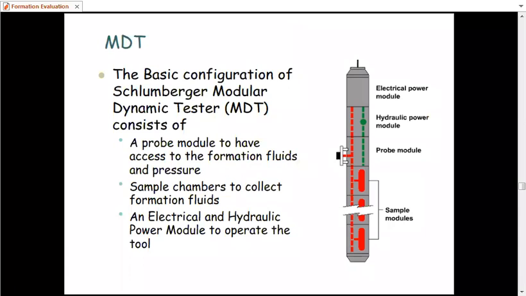When we are talking about the MDT, modular dynamic tester tool, this is a basic configuration tool containing a probe module to have access to formation fluids and pressure, and also containing sample chambers to collect the formation fluid sample, and also an electrical and hydraulic power module to operate the tool in the downhole position and to give you an answer in surface readout data.